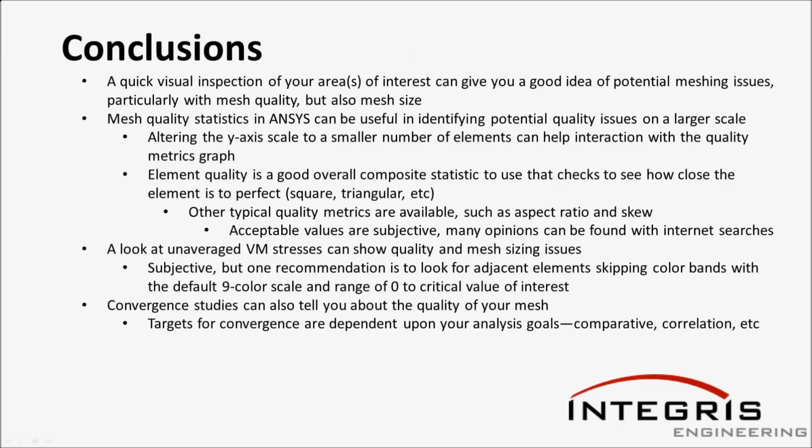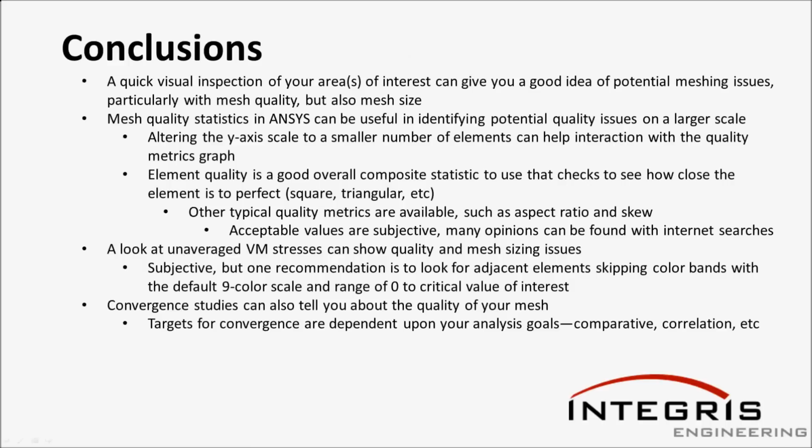In conclusion, a quick visual inspection of your areas of interest can give you a good idea of potential meshing issues, particularly with mesh quality, but also mesh size. Mesh quality statistics in ANSYS can be useful in identifying potential quality issues on a larger scale. Altering the y-axis scale to a smaller number of elements can help interaction with the quality metrics graph.